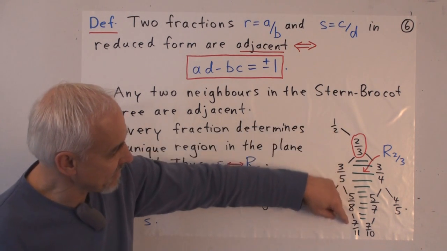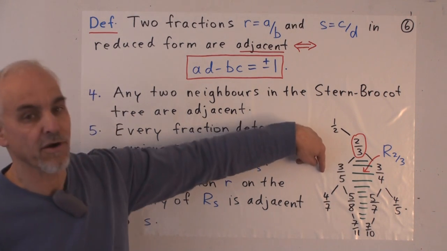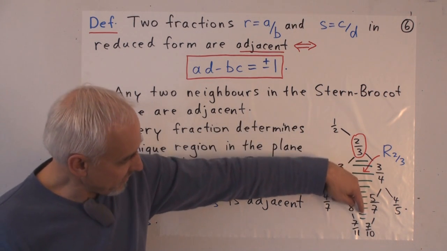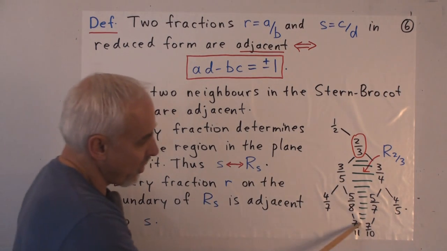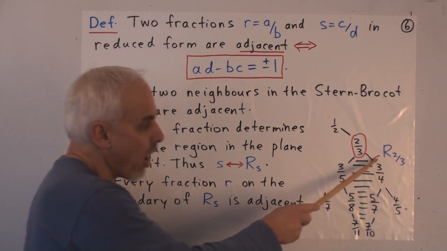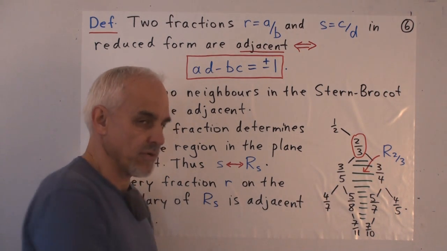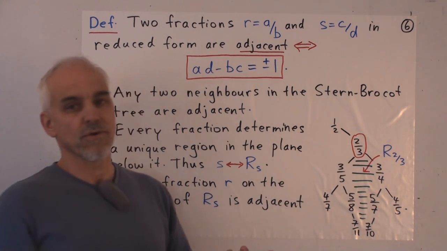It's like a fence. Then that fence would prevent us from going from here to here, but we could go down the fence as far as we wanted to. So we'll call this region here, which only depends on 2/3, R sub 2/3. So this is the region controlled by 2/3, if you like.